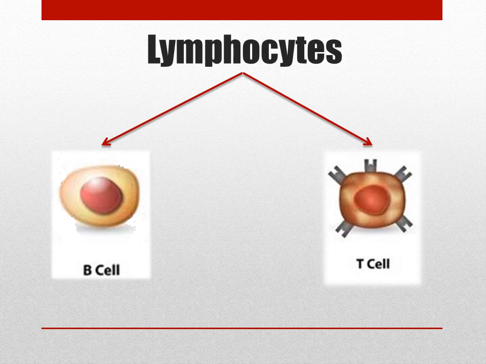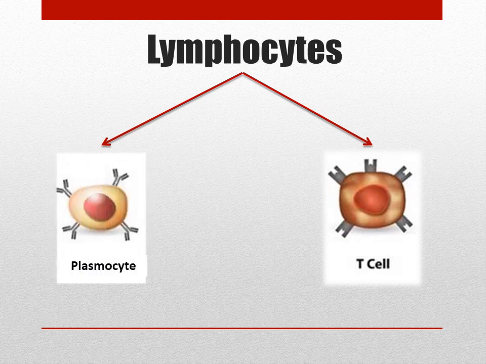When attacked by pathogens and when activated, B cells will change into cells called plasmocytes. Plasmocytes secrete antibodies into your bloodstream in order to attack pathogens and neutralize them, while T cells are main regulators of your immune system.